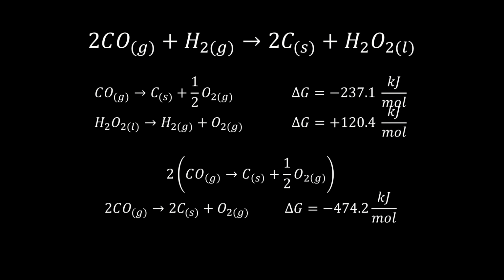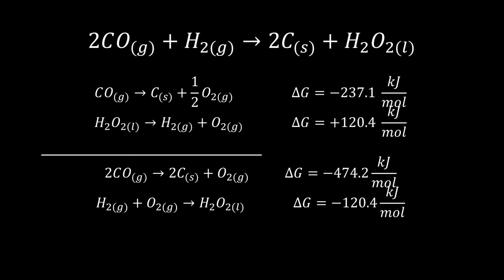For thermodynamics, if you multiply a known reaction by some multiplier, also multiply the free energy change by that number as well. Therefore, delta G, originally equaling negative 237.1 kilojoules per mole, we'll multiply it by 2 to get negative 474.2 kilojoules per mole. Now then, we have a subreaction that accounts for 2 moles of carbon monoxide. Nice. And incidentally, 2 moles of solid carbon in the product side. Check. Now let's look at our next subreaction.